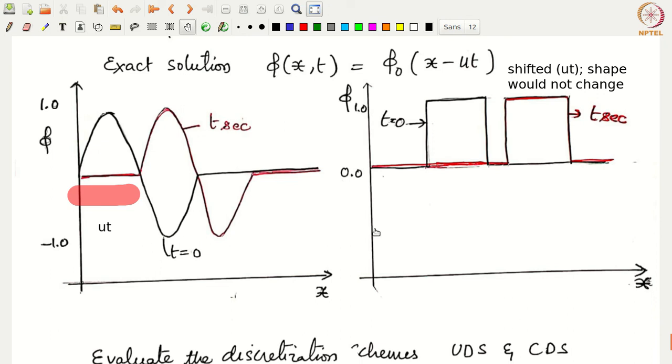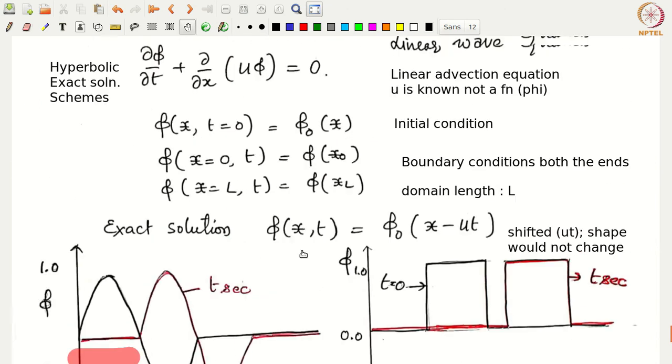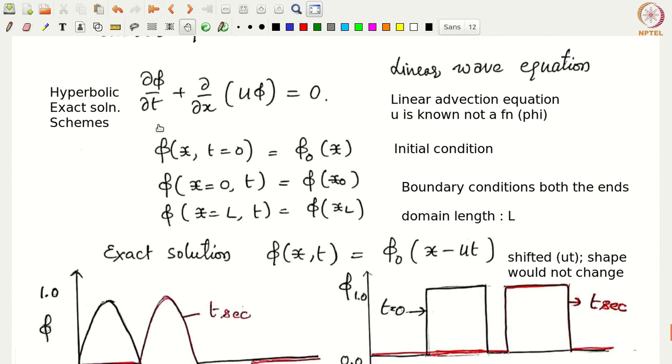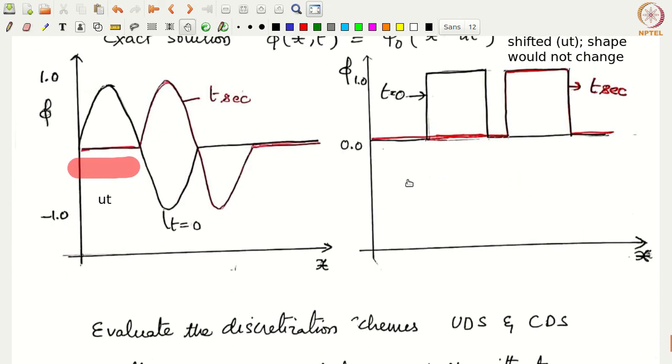Now this is very useful, because we can apply the different schemes that we work with, which are basically the upwind difference scheme and the central difference scheme, together with some kind of time stepping scheme for the unsteady term, and evaluate how these schemes behave, because we know the exact solution. We can compare the numerical solution with what it is supposed to be.